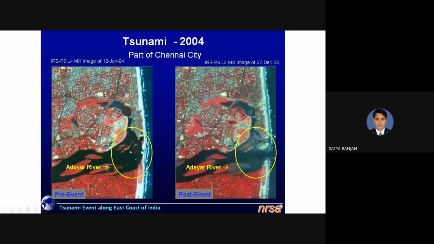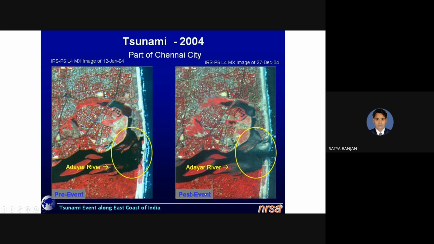Then in Chennai city, near the Adyar River mouth, it is the pre-event. The river mouth is generally closed by sandbars before the events. After the tsunami, the bar is open, and this is a highly inundated area where the water bodies enter all the parts. So this is the post-event.